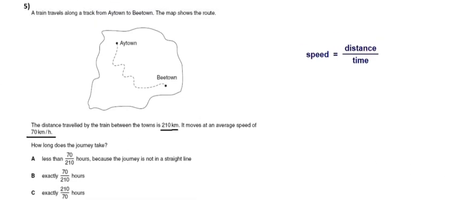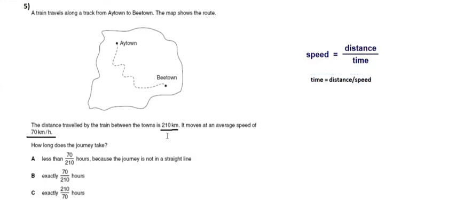So we know that speed is nothing but distance divided by time. If you rearrange this formula, time goes to the left-hand side and speed goes into the denominator. So time will be equal to distance divided by speed. And how much distance is it covering?